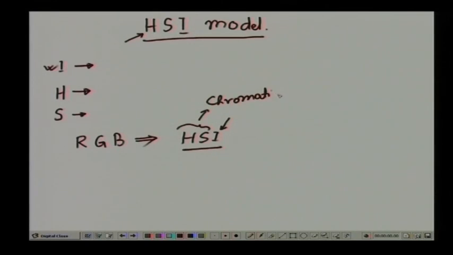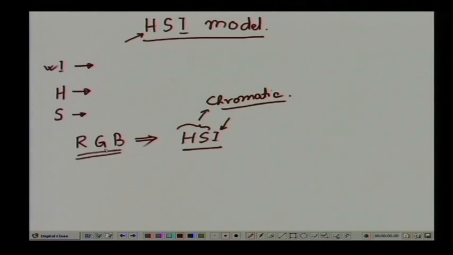As we can decouple the chromatic information from the intensity information, many of the image processing algorithms developed for black and white or grayscale images can be applied to images specified in HSI space. So, conversion of an image from the RGB space to HSI space is very important.